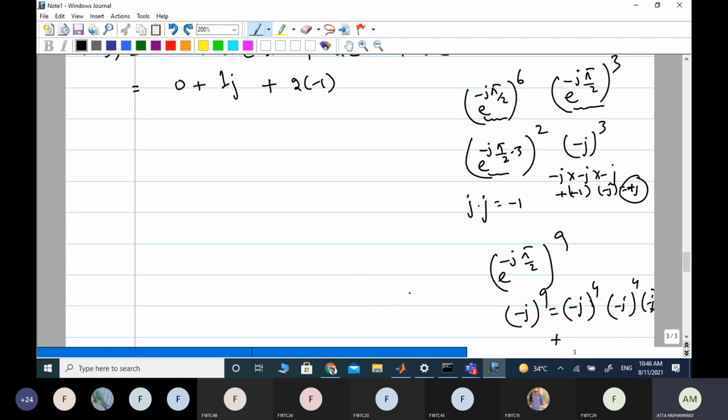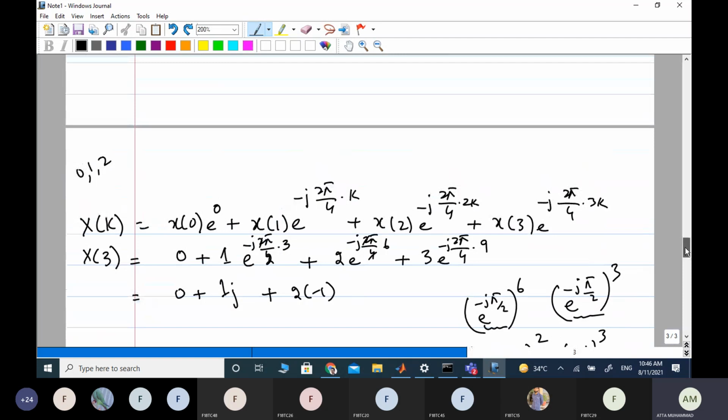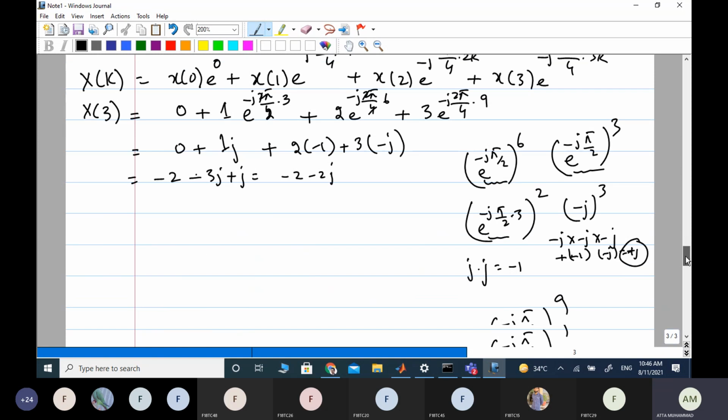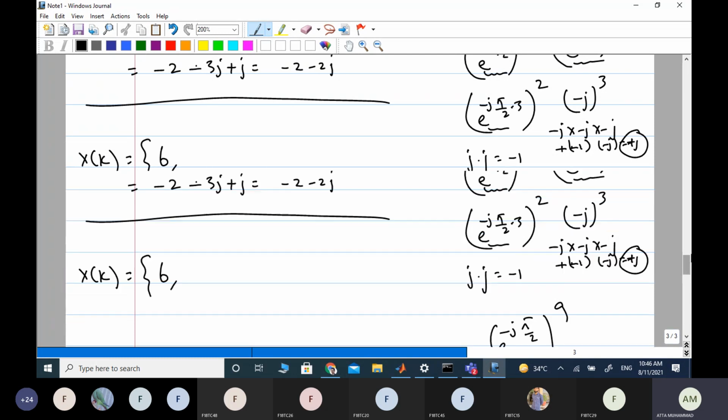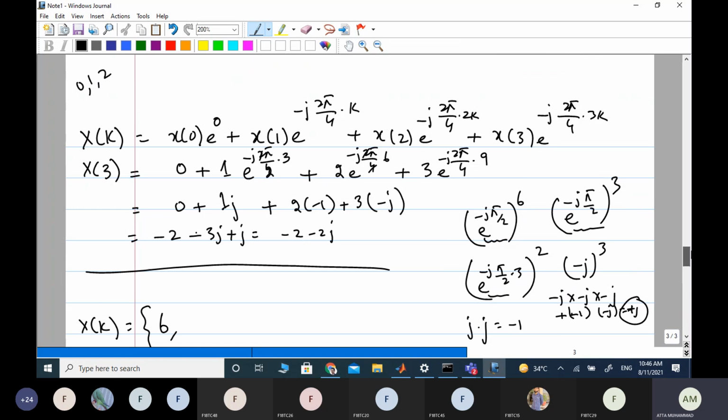So from here we say 3 into minus j. So if we sum this up, now we have minus 2 minus 3j plus j, that is equal to minus 2 minus 2j. Now finally we have X(k): X(0) was 6, it's very easy to compute.